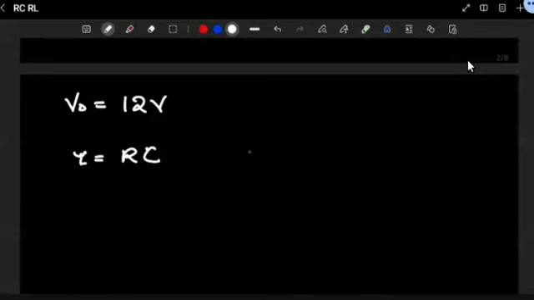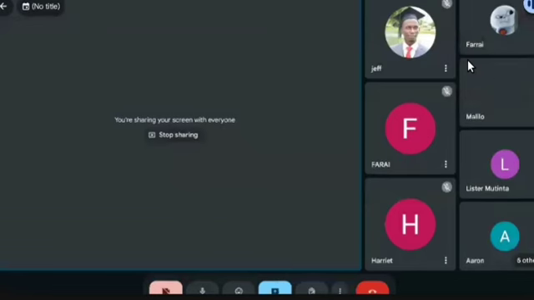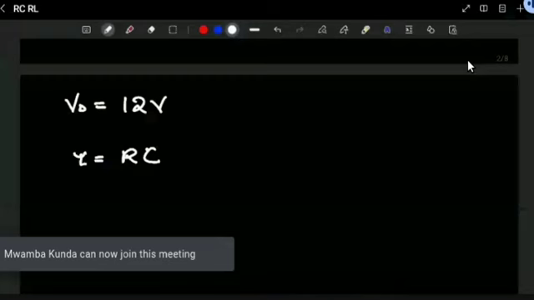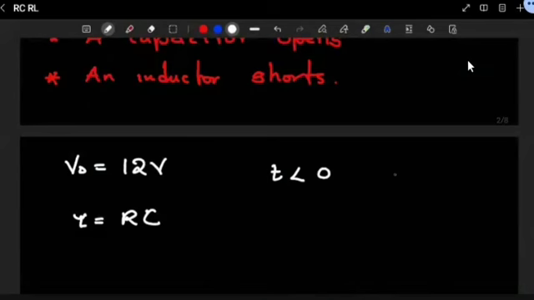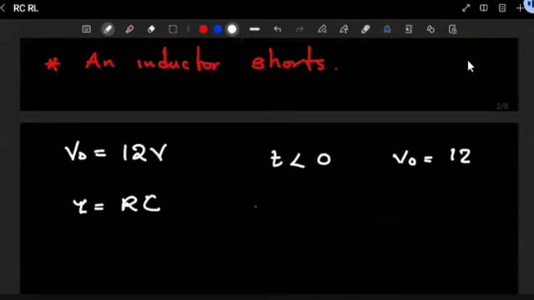We look at V for t less than 0, and for t less than 0, we have obtained V0 equals 12. Now we're going to look at t greater than 0 but less than 1, since the circuit changes once we exceed 1. So in this time period, what would be our VC(t)?